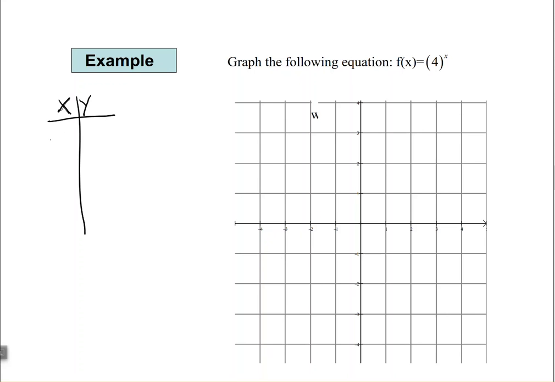You can use whatever values you like to use. I'm going to use -1, 0, and 1 again. So this time, if I let x equal -1, then I have 4 to the negative first power, which, again using the reciprocal rule, makes 1/4.